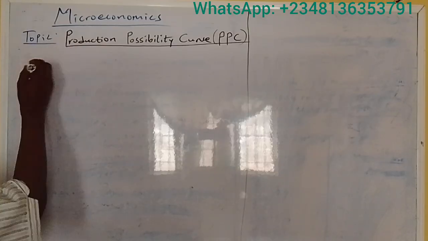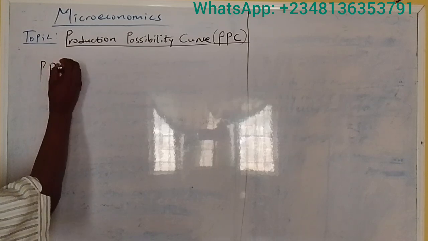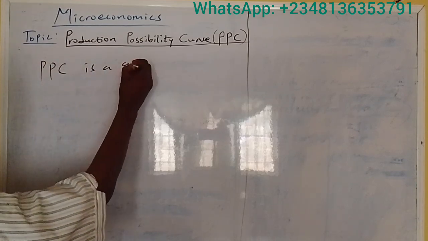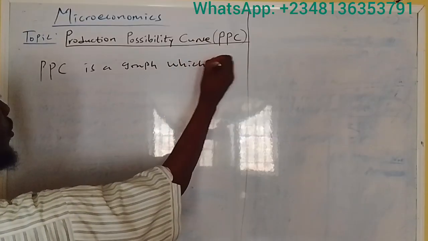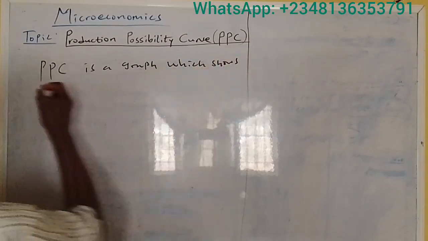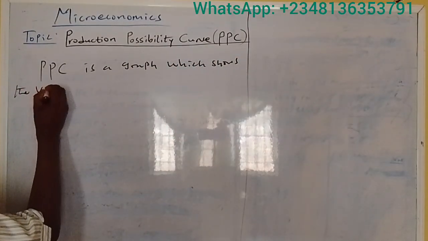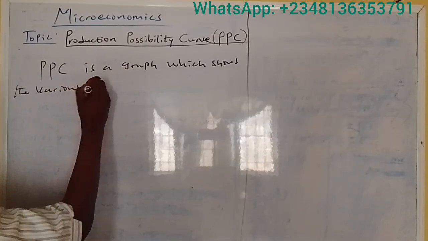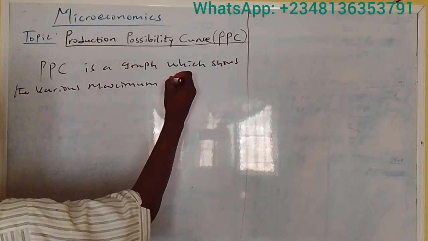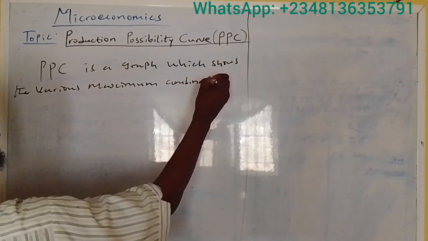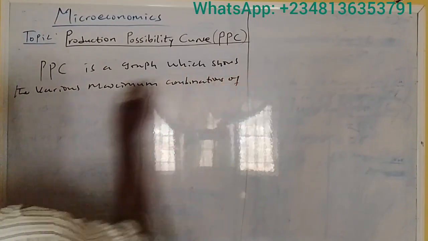In other words, the PPC is a graph which shows the various maximum combinations of two goods.